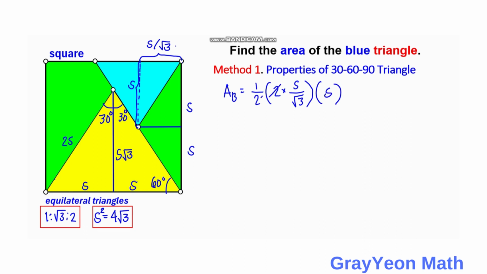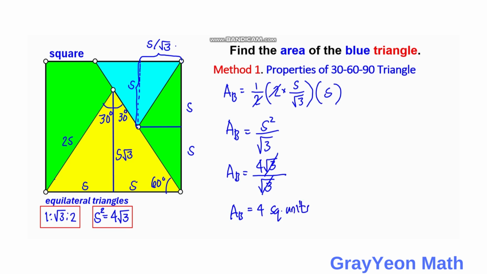We cancel the 2 and 2, so the area of the blue is equal to s squared over square root of 3. And s squared, as we calculated earlier, is 4 square root of 3 all over square root of 3. So this cancels out, and the area of the blue is equal to 4 square units. That is our answer for our first method.